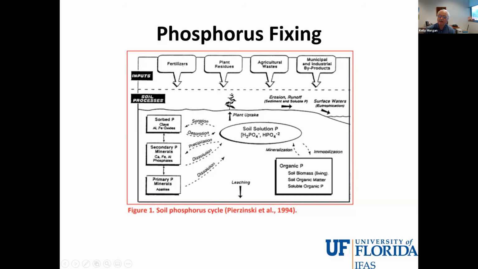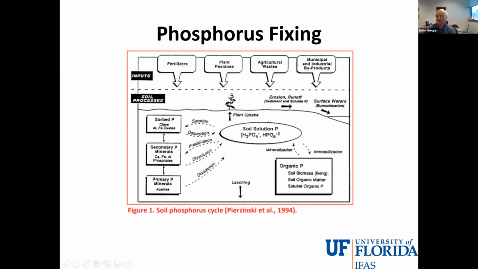The phosphorus can adsorb onto the clay, and over time it will desorb as the amount of phosphorus in the soil goes down. Same thing for minerals such as calcium and iron and aluminum that are free in the soil. You'll have a precipitation of phosphorus depending on the pH of the soil.